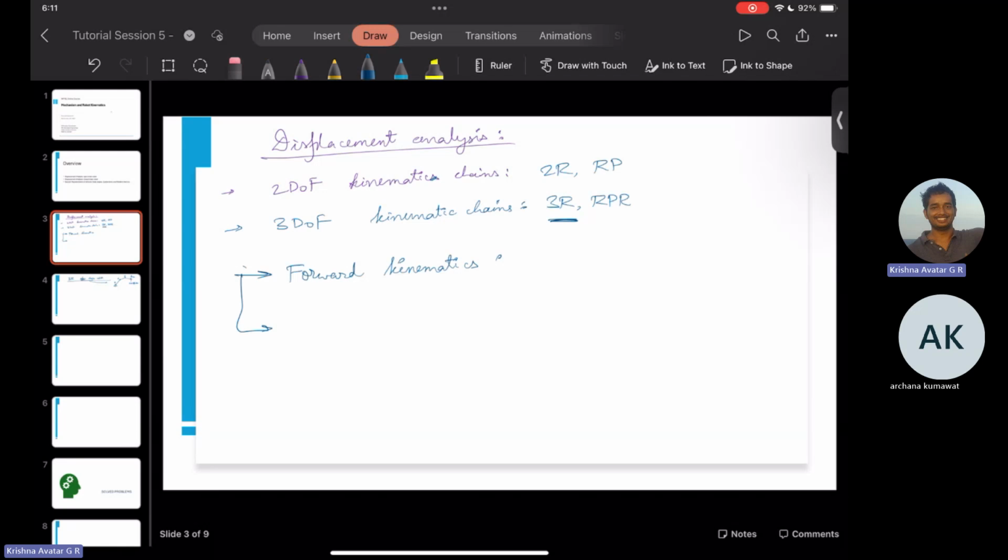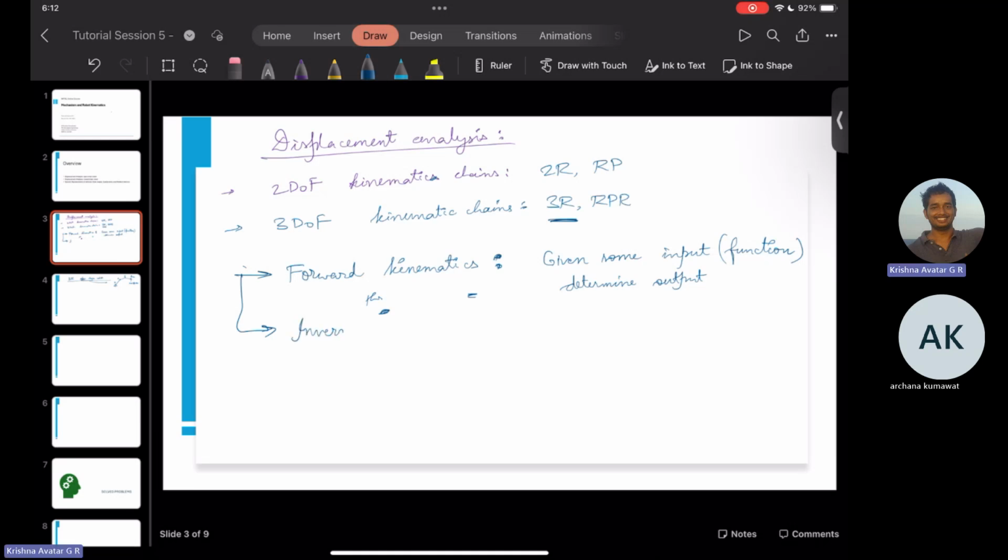Forward kinematics is much like a mathematical expression, much like a function: given some input, determine the output. So we provide something through the actuator and look at where the end effector will move to, isn't it?